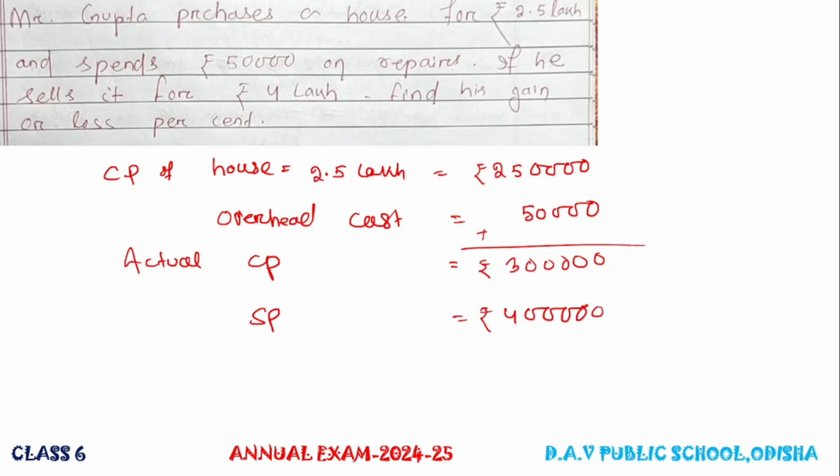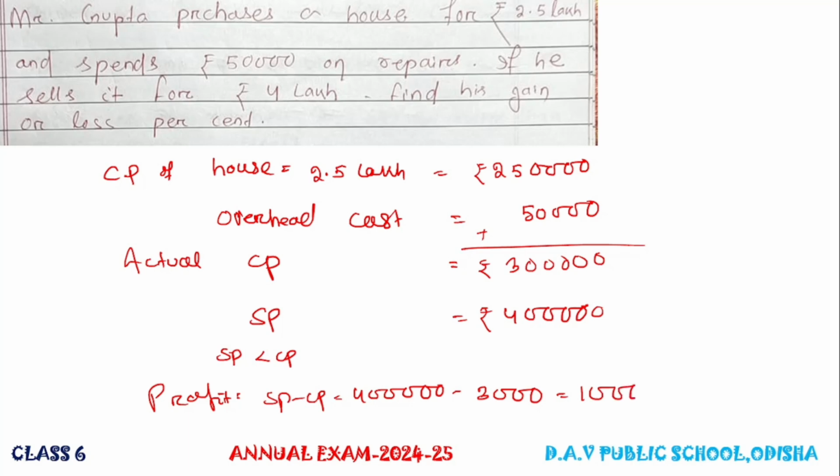Now check that SP is greater than CP. So profit occurs. So write down profit equals SP minus CP, that is 4 lakh minus 3 lakh, equal to 1 lakh. Okay.